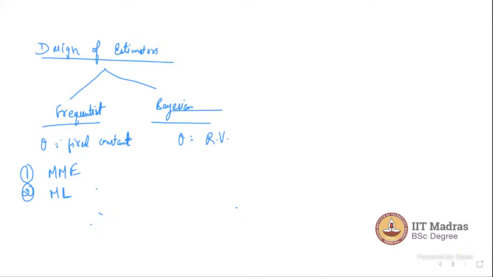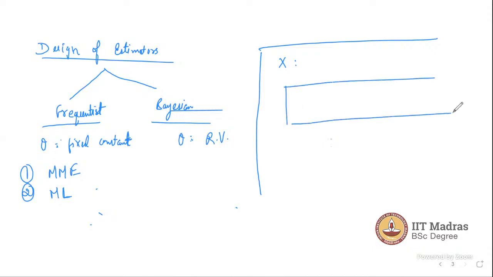We had a random variable x, and its distribution was given to us. x was taking the values 0, 1, 2, and 3.